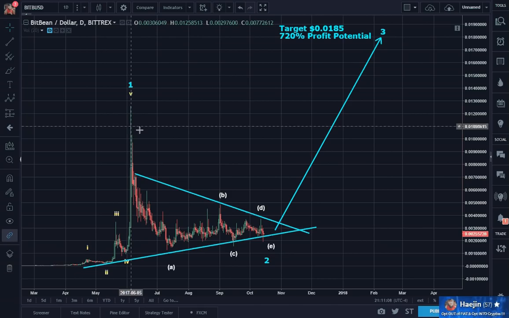And then from June to now, 5 months, 1.5, a nice Fibonacci number, took to do the correction.